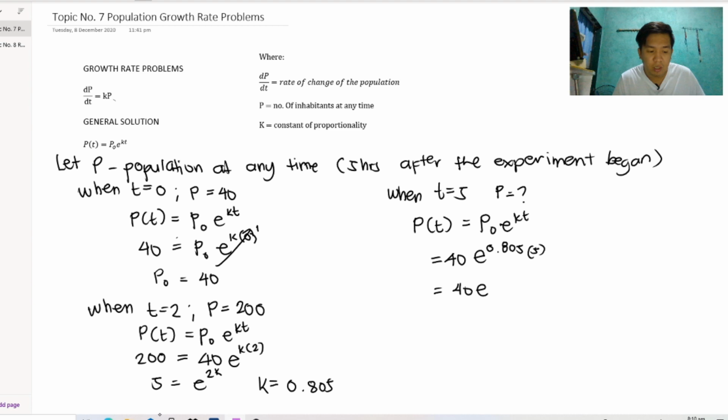So the colony increased to 2,236 five hours after the experiment began.